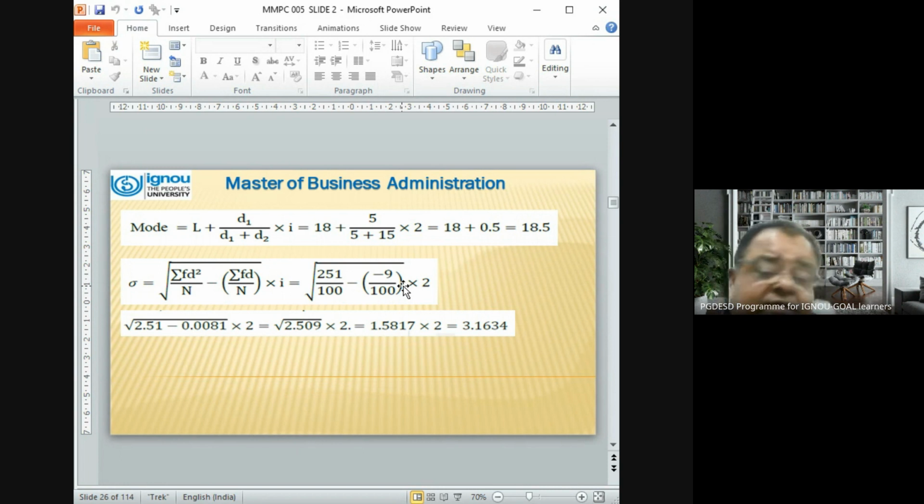At the last, it will be multiplied. It is 1.5817 into 2, which comes out to be 3.1634. This is the standard deviation.